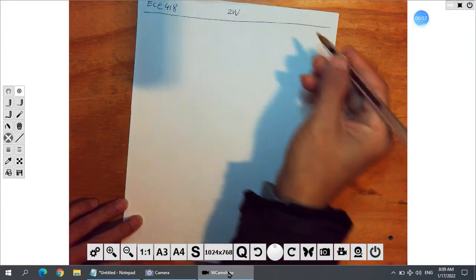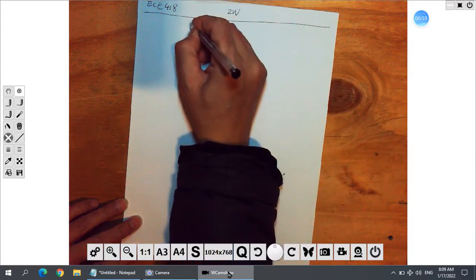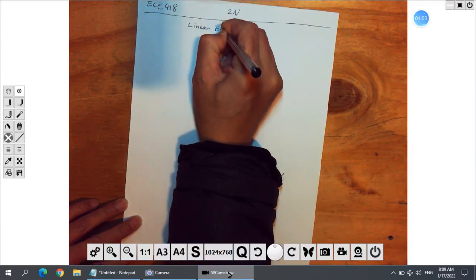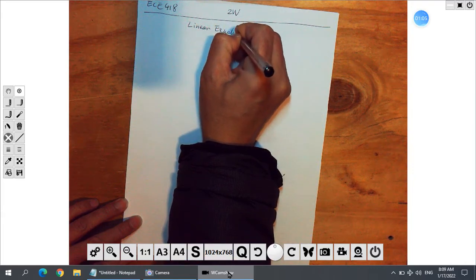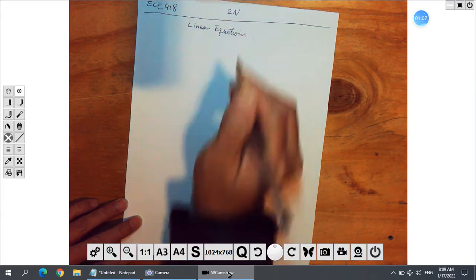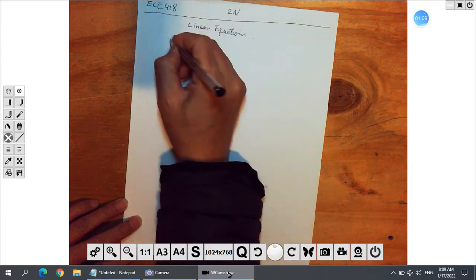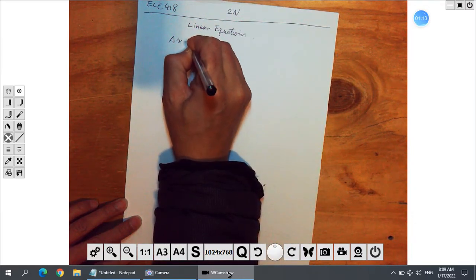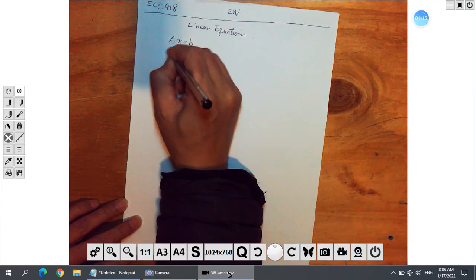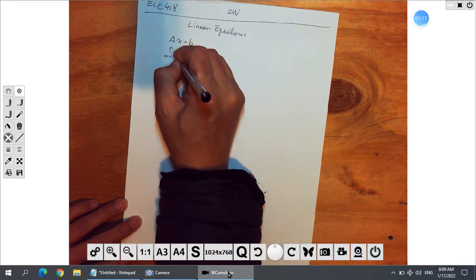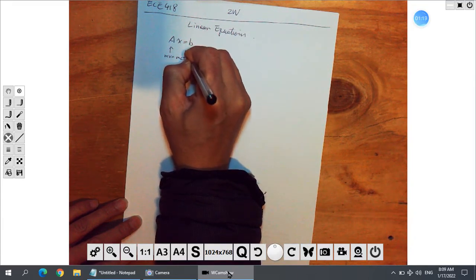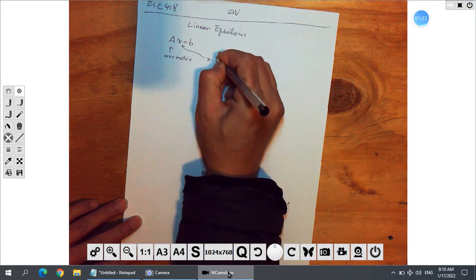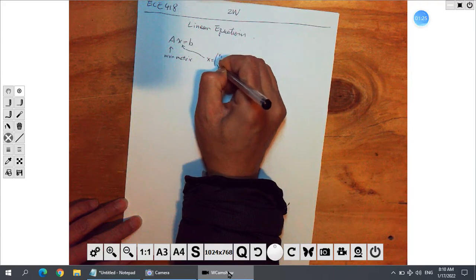All right. So we consider linear equations. The general form of a linear equation will be AX equal to B. A is an M by N matrix, and X will be x1 until xn.